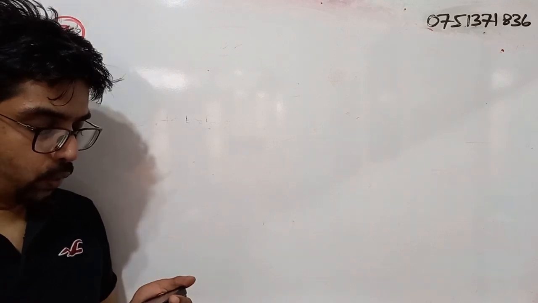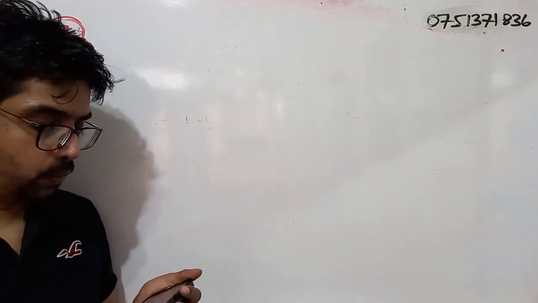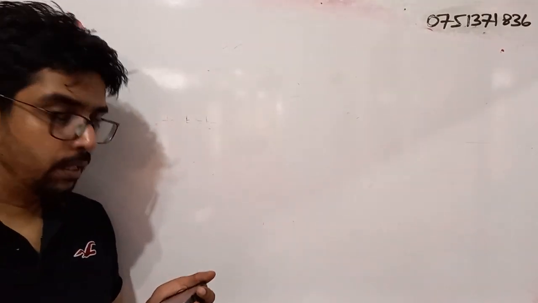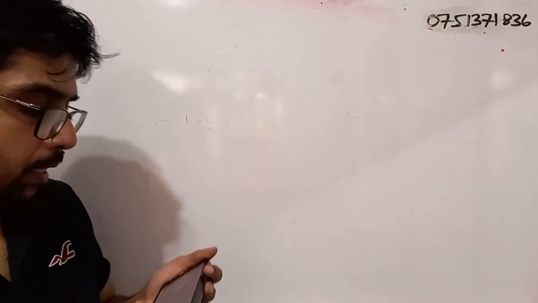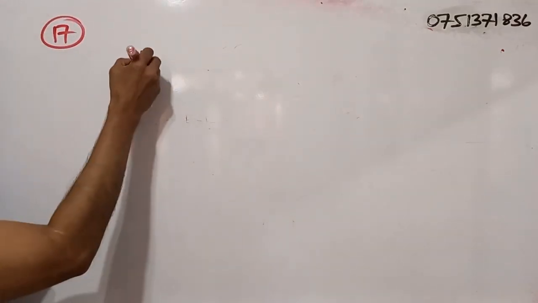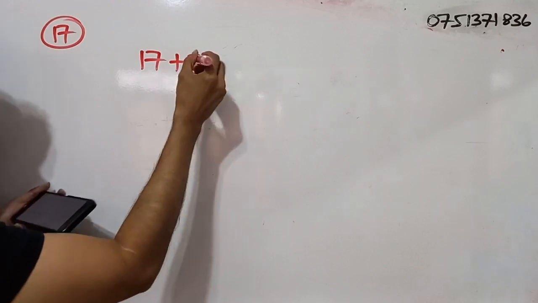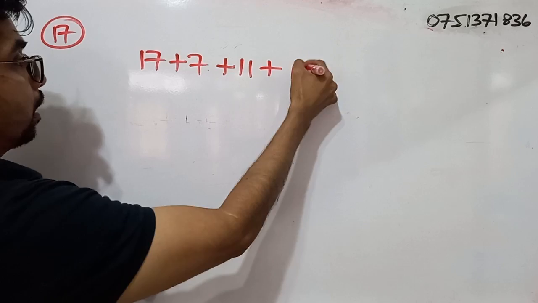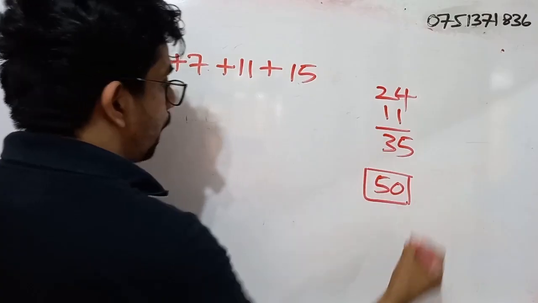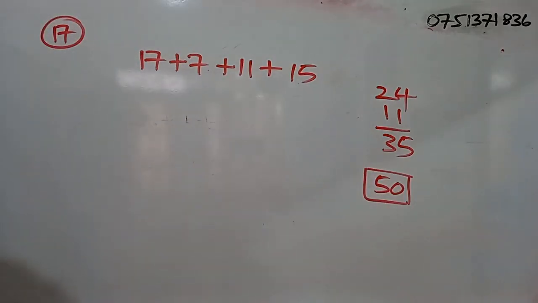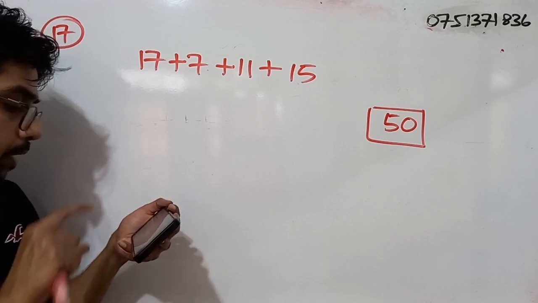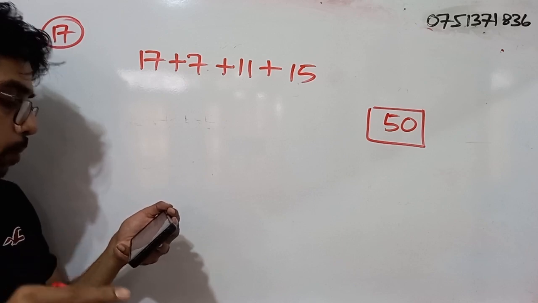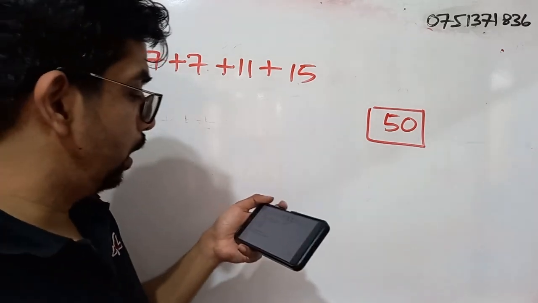Right. So first of all, by using the information given in the table, we have to calculate the total number of people. So 17 plus 7 plus 11 plus 15. So we have a total of 50 people. At the very last portion of the question, it says work out how many sports bags Shan should order.